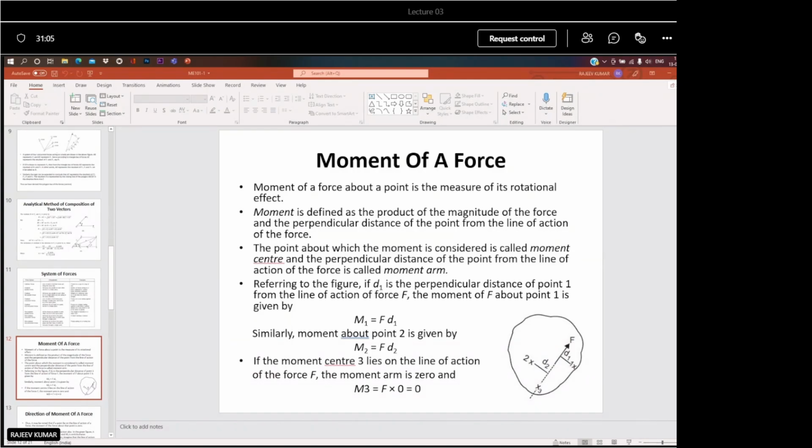So when both are equal, then d1 should also be equal. And suppose you are applying these two forces and you want some other point where the moment effect will become 0.